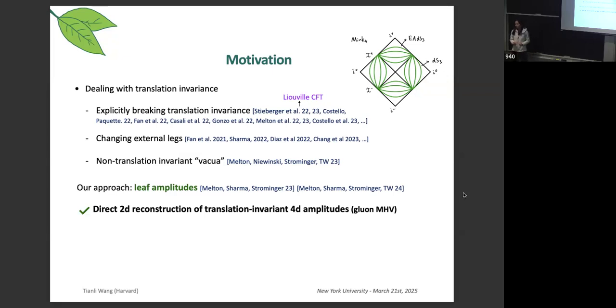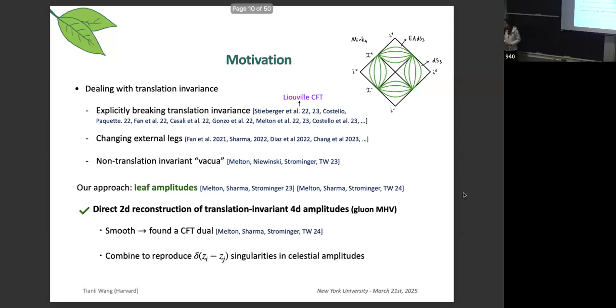Okay, so that's exactly what we did. And just to reiterate, we gave a direct 2D reconstruction of translation invariant amplitudes. So we tackled the tricky translation invariance head on instead of circumventing it by, say, introducing a background or transforming to another basis. So this is a bit more direct. More precisely, the holography is achieved in 2 steps.